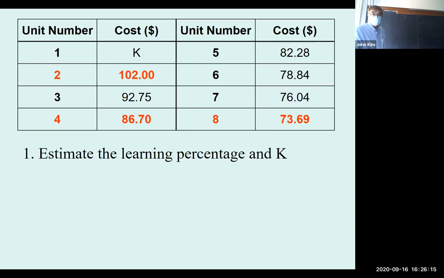First question, estimate the learning percentage and K. We don't know K, and the learning percentage is not given. As long as we know the second one and fourth one, or fourth one and eighth one, then we can get the learning percentage and K, the initial cost.